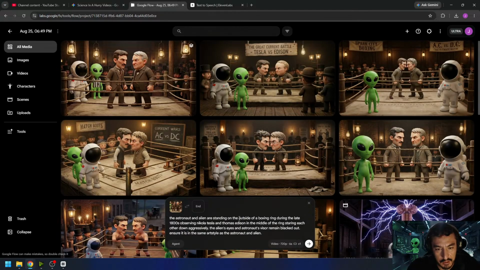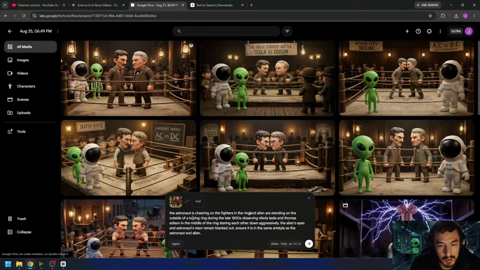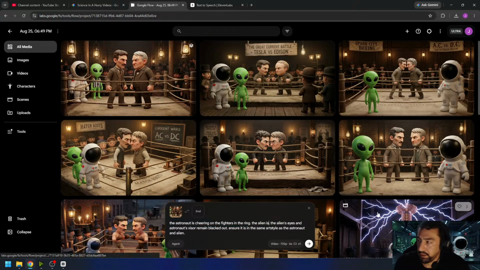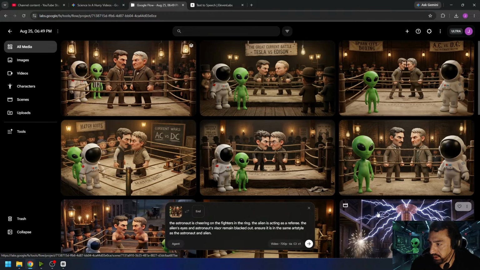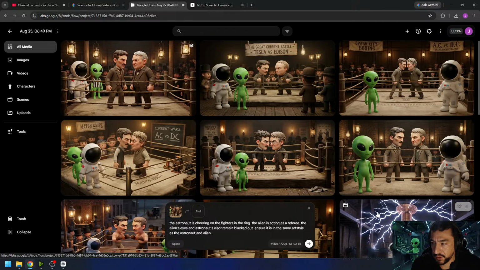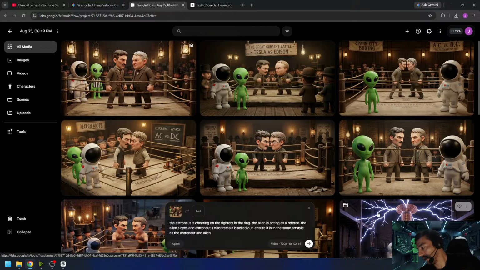All right, the astronaut and alien are standing. Well, the alien is standing inside the ring, so I'm going to have to edit this. The astronaut is cheering on the fighters in the ring. The alien is acting as a referee, and, what do I want?